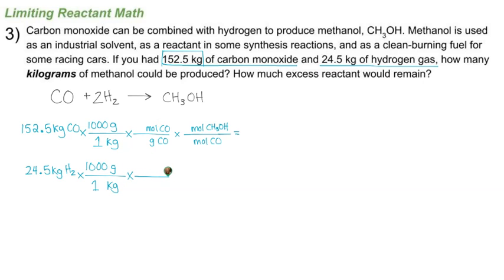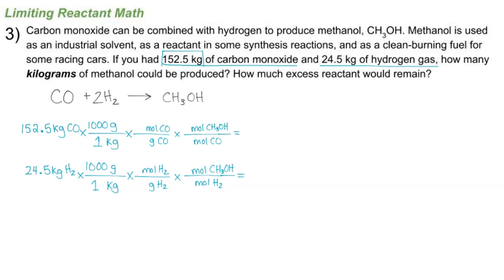Then we will take our grams of H2 to moles of H2. And then we'll do our mole-to-mole step where we go from moles of H2 to moles of our methanol, CH3OH. Oh, and not times, I'll do an equal sign there. And so now I'm just going to calculate this out.